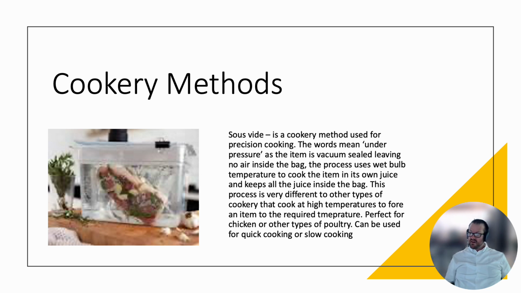And after about 45 minutes, depending on what temperature we're at, that product is going to be at 75 degrees and it will stay at 75 degrees. It would never go above 75 degrees. Whereas if you leave a chicken breast in an oven, it will keep going up to 200 degrees. So this is why we talk about it being precision cookery.